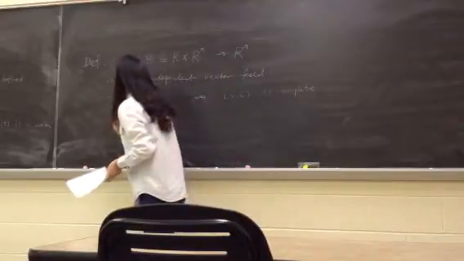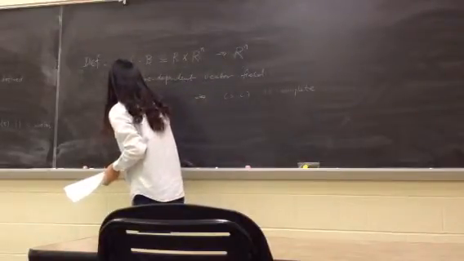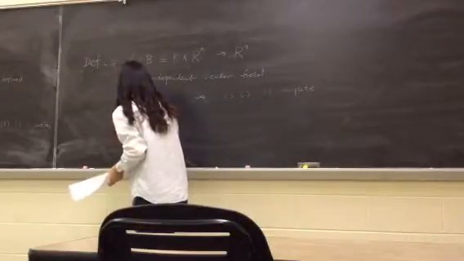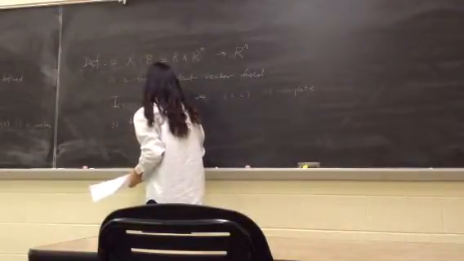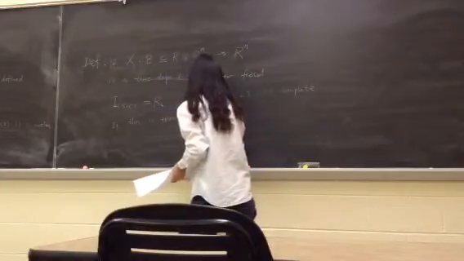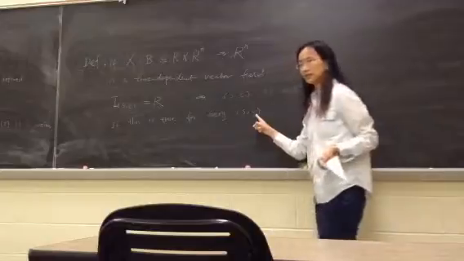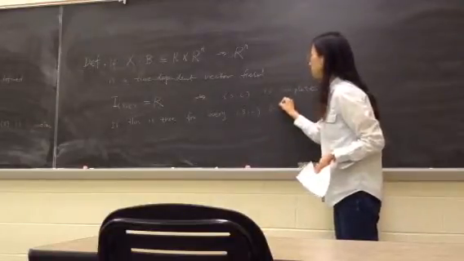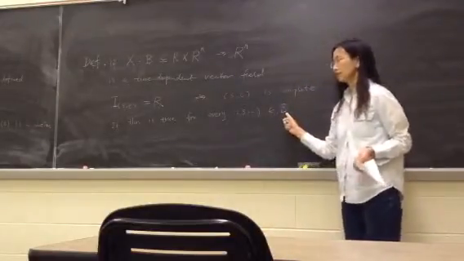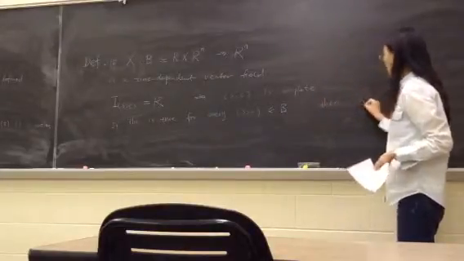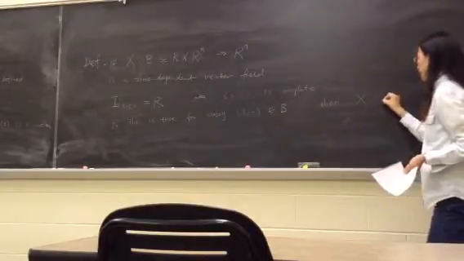If this is true for every (S, C) in B, then the vector field is a complete vector field.